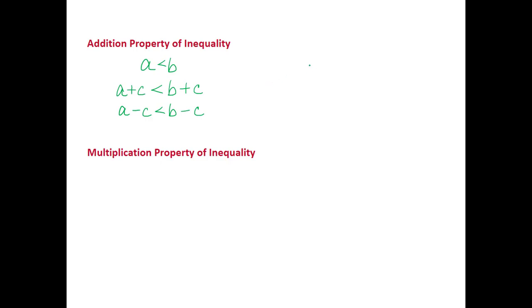For example, we know that -3 < 4. If we add or subtract the same number from each side of this inequality, the relationship between the numbers is not changed. For instance, let's add 3 to each side. We get -3 + 3 < 4 + 3, or 0 < 7.